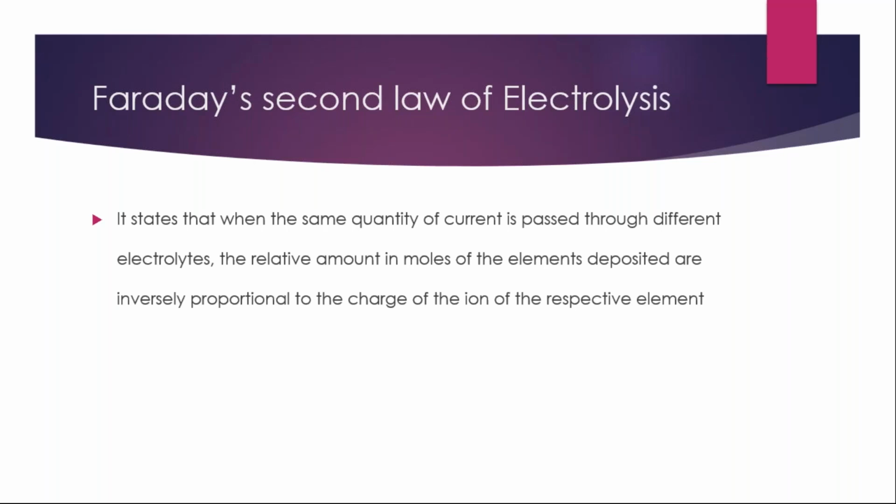So for the same charge passing through different electrolytes, the mass of the deposited chemical is directly proportional to its atomic weight and inversely proportional to its valency. That gives us the second law, because Faraday did not pay attention only to the amount of current passing through the electrolyte.